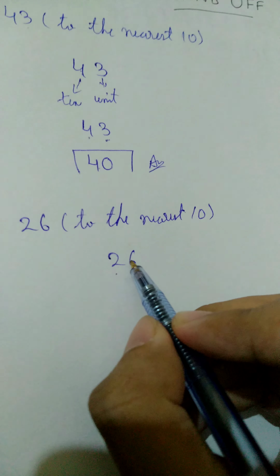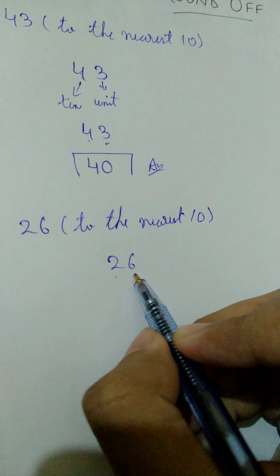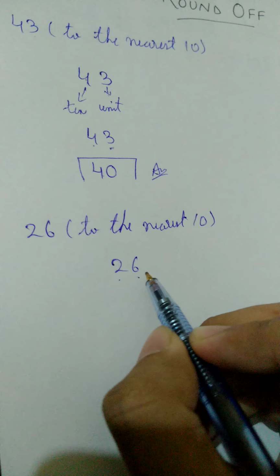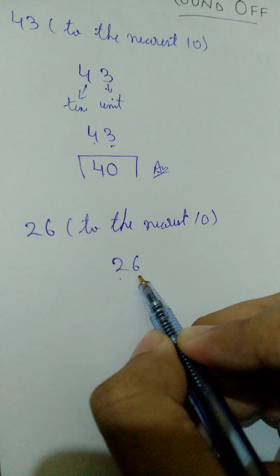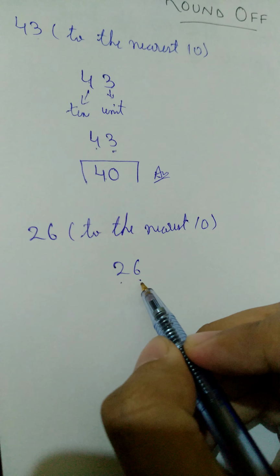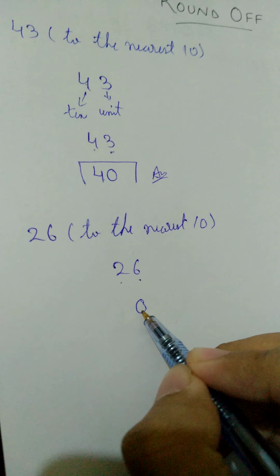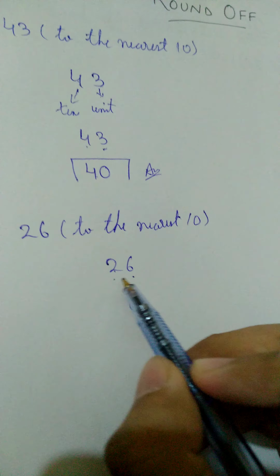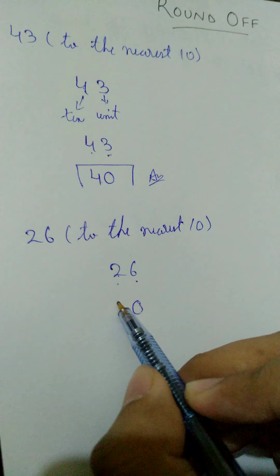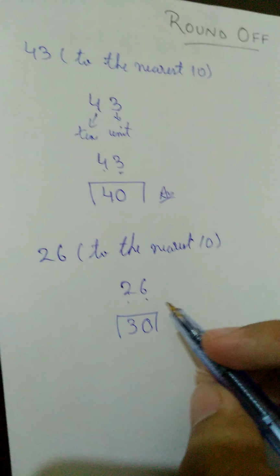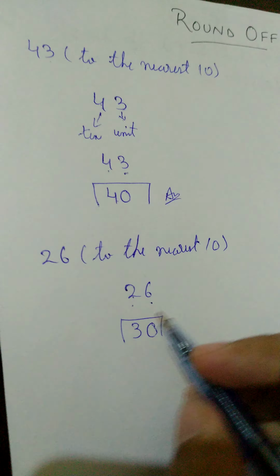Now I will look at the number on the right, whether it is greater than 5 or less than 5. As you can see clearly, this number is greater than 5, so we round up. We will move up. 6 will be replaced by 0, but this time I will increase this 2 by one and it will now be 3. So 26 rounded off to the nearest 10 is 30.